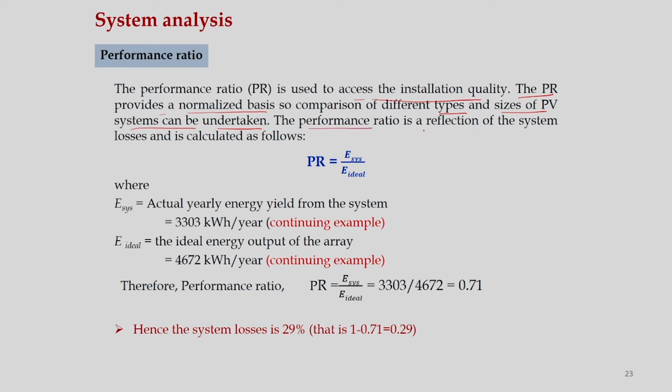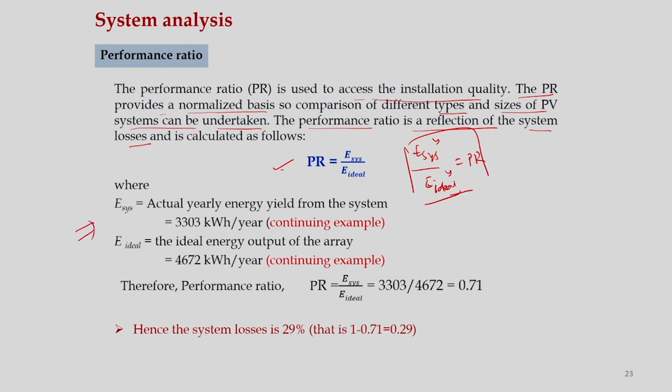And this performance ratio is a reflection of system losses, which can be calculated by PR is E system yearly divided by E ideal yearly. So, this is nothing but the performance ratio, right.